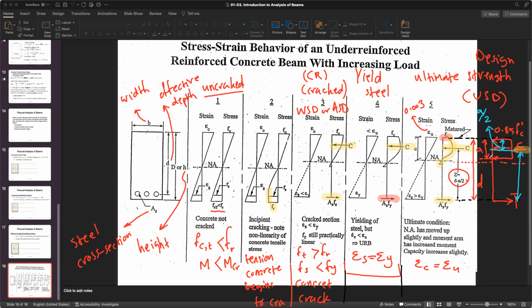But that distance would be a over 2 for sure, because that's rectangular. And C is the equivalent for that, right? So it's going to pass through the centroid of the area, exactly. So if the whole thing is d, that portion on top is a over 2, what is left at the bottom? d minus a over 2, right? That is the moment arm. That is the distance between C and T, which is going to be used to find the moment strength of the cross section.